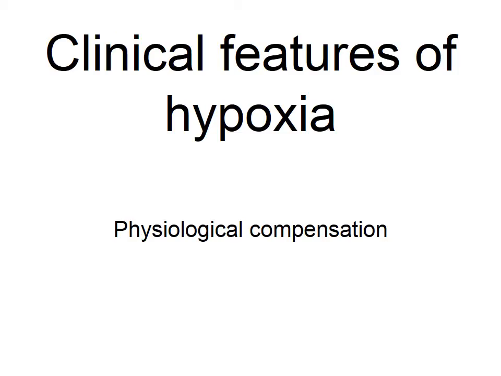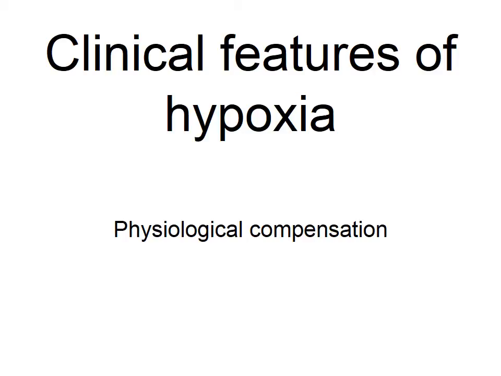The clinical features that we need to learn to recognize in hypoxia have two causes. Firstly, the clinical features can be caused by the body's own physiological compensations as it tries to compensate for the current deficiency in oxygen. Or the other group of clinical features can be caused by the hypoxia itself.